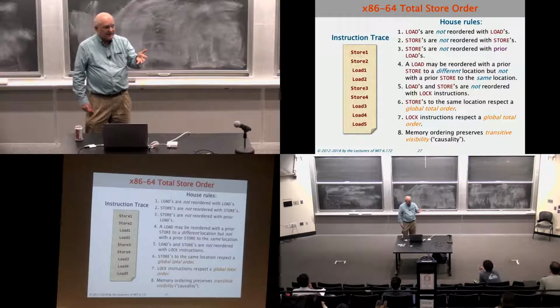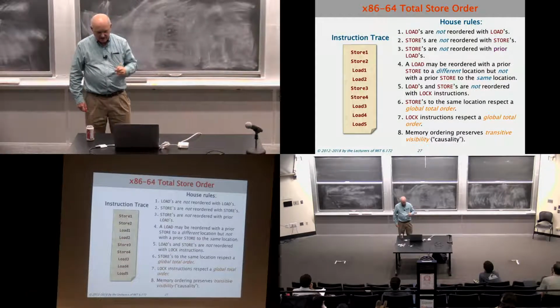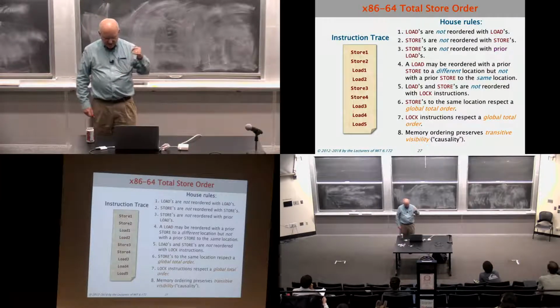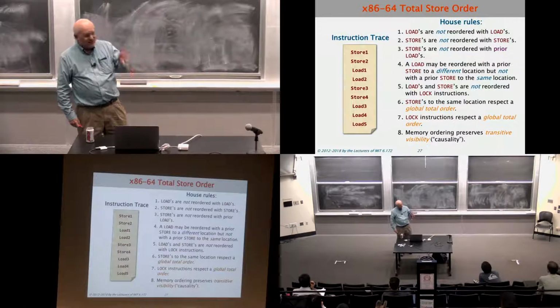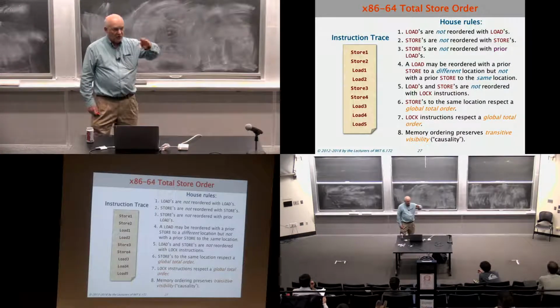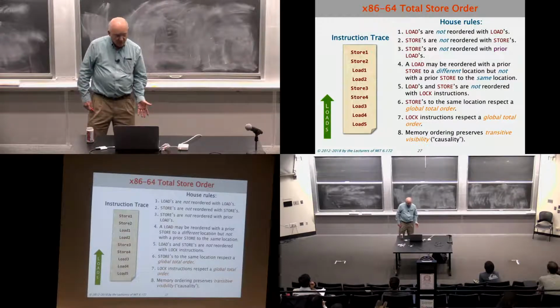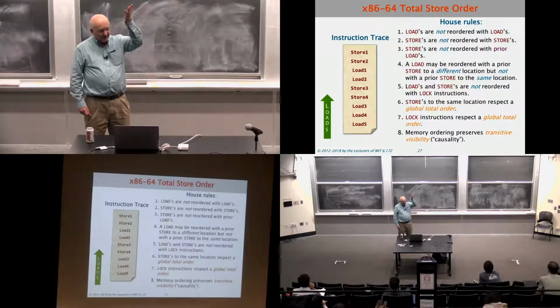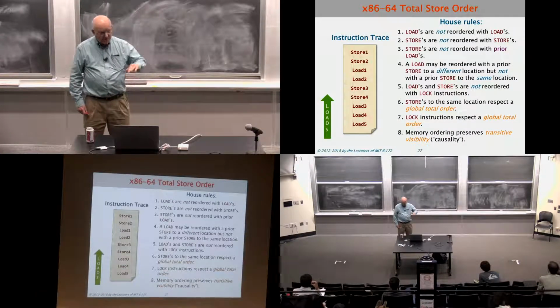At the point that you're executing this, the hardware knows what the addresses are that are being loaded and stored and can tell whether they are the same location or not, so it knows whether it's able to do that. So you can move loads upwards, but you don't reorder them, and you only move one past a store if it's a store to a different address.